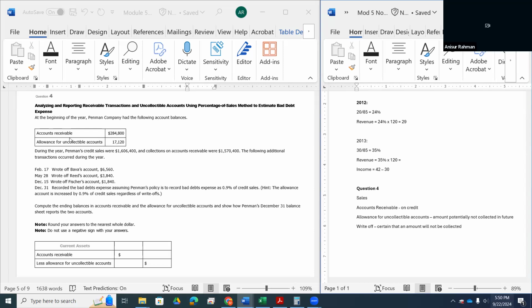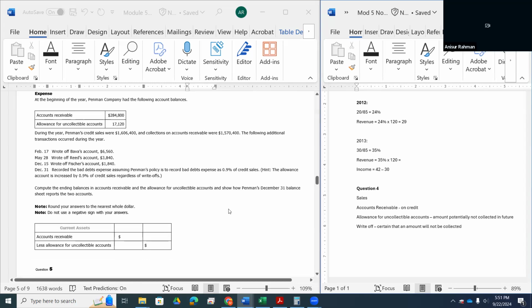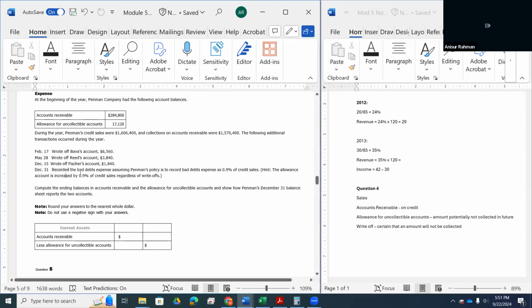So what we have to do in this problem is compute the ending balances in accounts receivable and the allowance for uncollectible accounts and show how Penman's December 31 balance sheet reports the two accounts. We also have another transaction on December 13, recorded the bad debts expense. So what is bad debt expense?